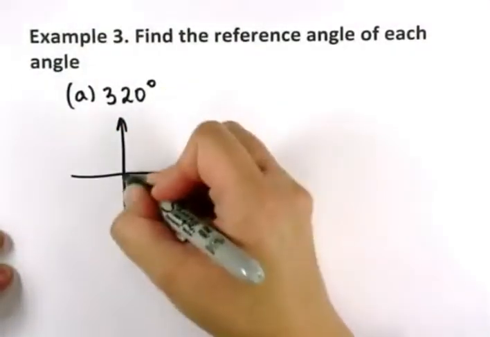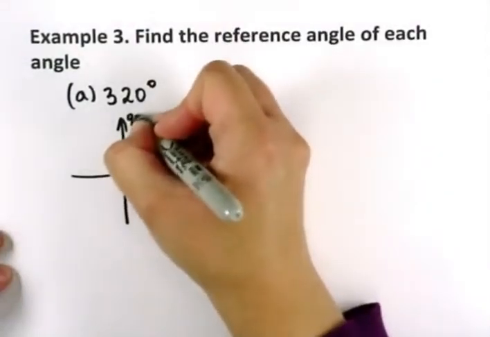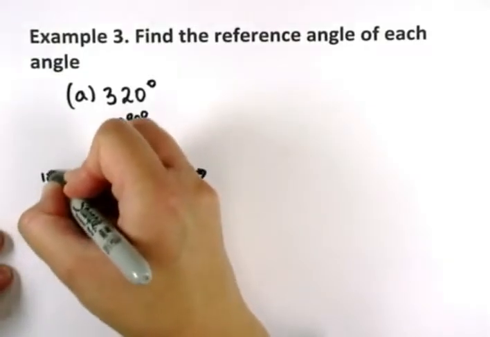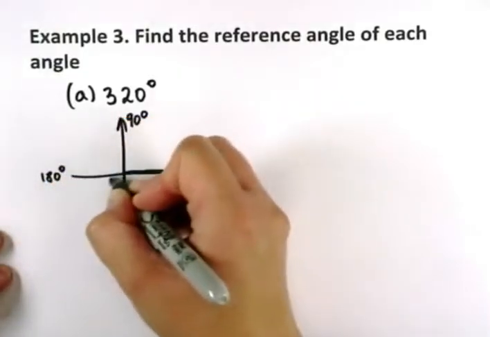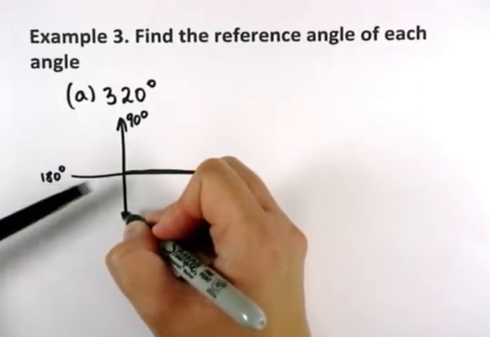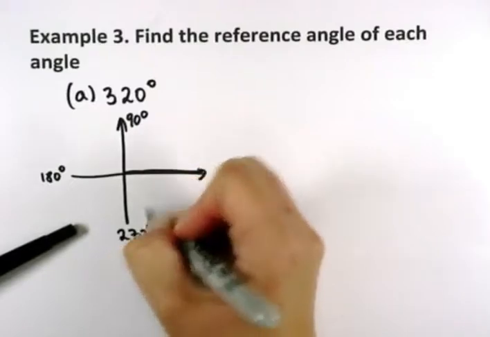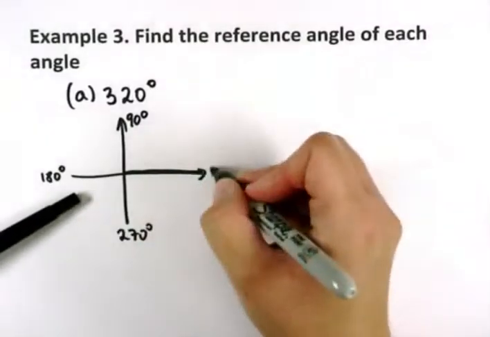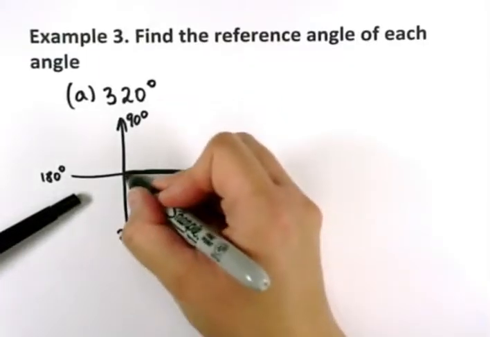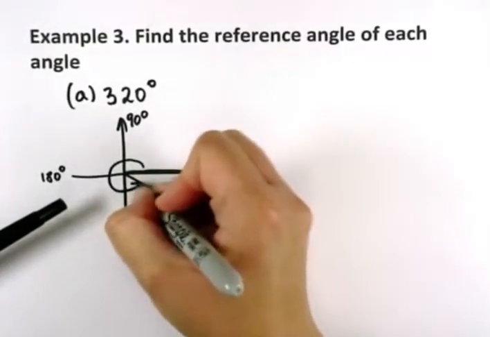If I start from the initial side at 0, this one is a right angle, 90 degrees. If I open even more, I have a straight angle, 180 degrees. Even more, it would be 180 plus another right angle 90, so it's 270. And a full rotation is 360 degrees. So right here is my angle 320 degrees.